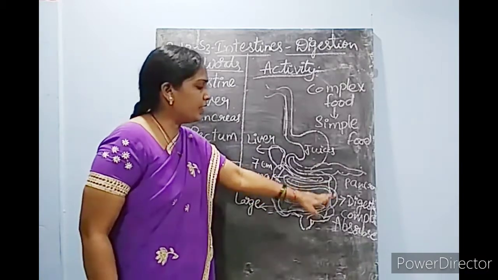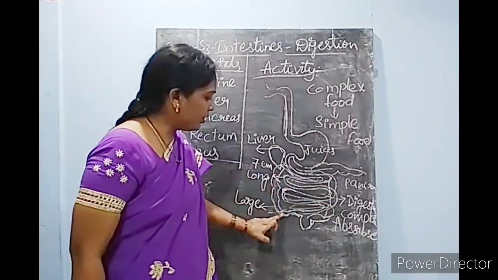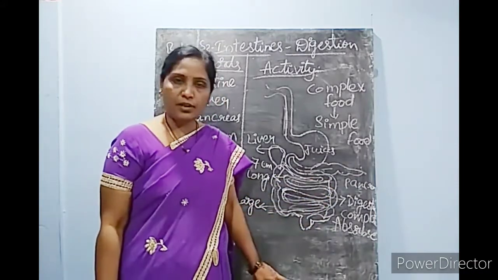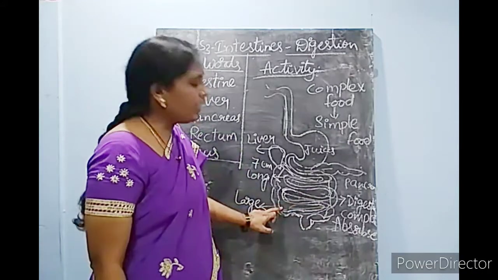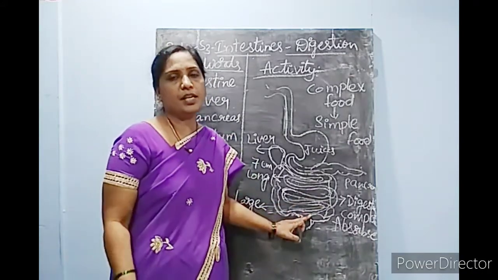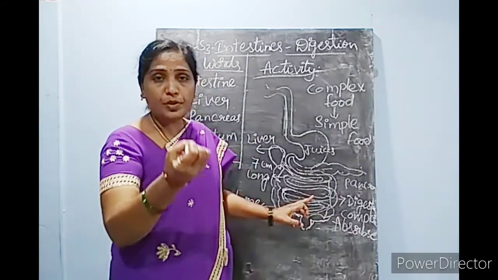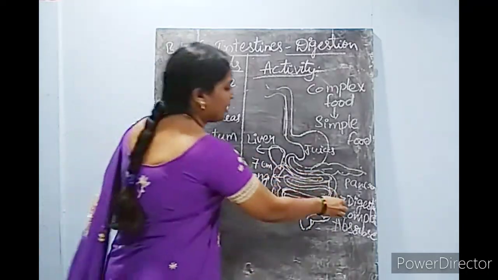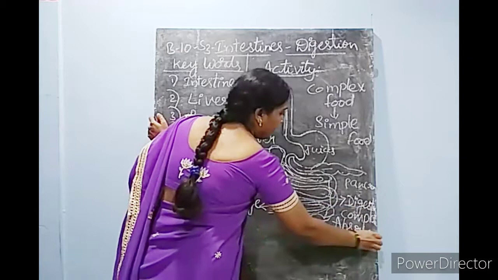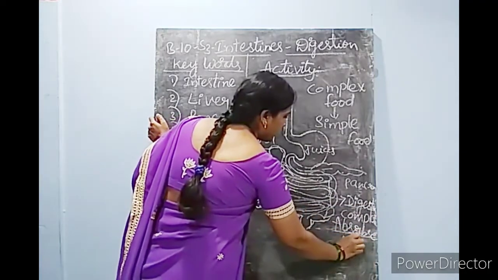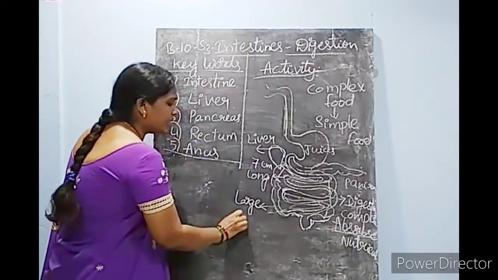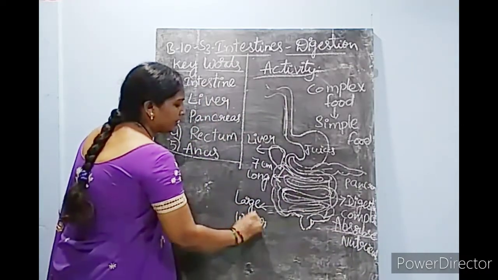Here also, the area which is there inside this intestine is called the surface area. So even the large intestine has surface area that helps to absorb the water. The small intestine is absorbing nutrients, whereas the large intestine absorbs water.